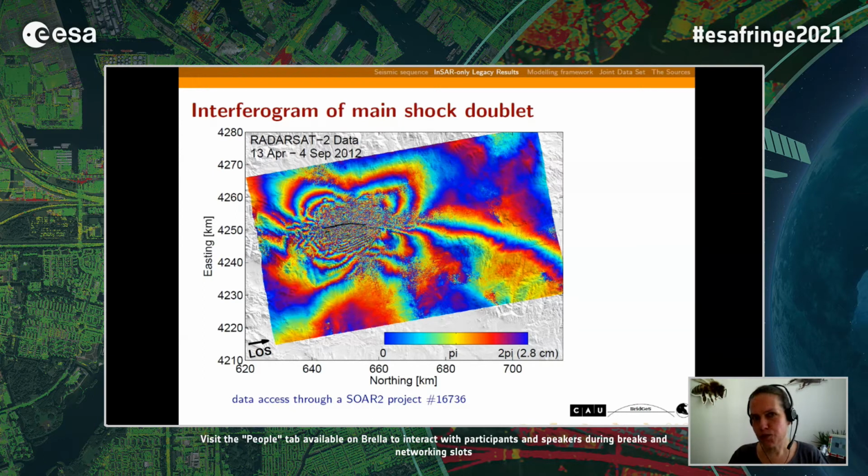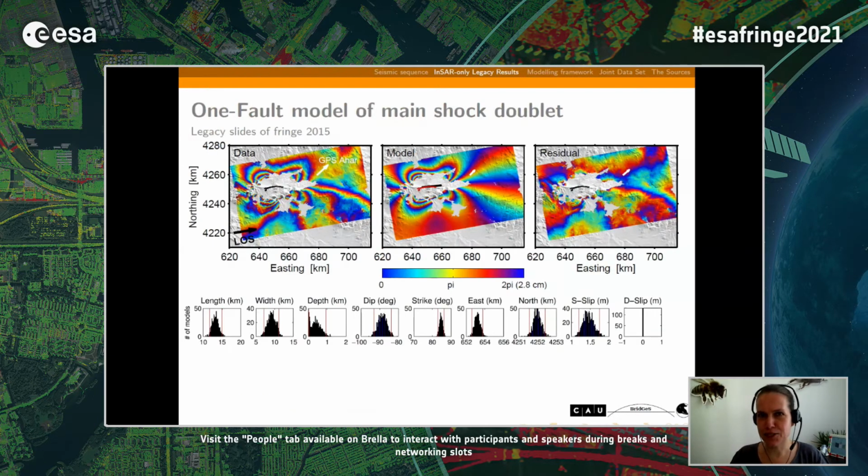So what I'm showing you now is legacy slides, actually, from Fringe 2015. I have been here 6 years ago already showing you work on this earthquake doublet. But I did the usual thing, let's say. So I took an Okada dislocation, homogeneous elastic half space, and modeled the earthquakes using just this ascending interferogram. I added, to have some 3D deformation, one GNSS station that you can see with the white arrow, which is placed in the town of Aha.